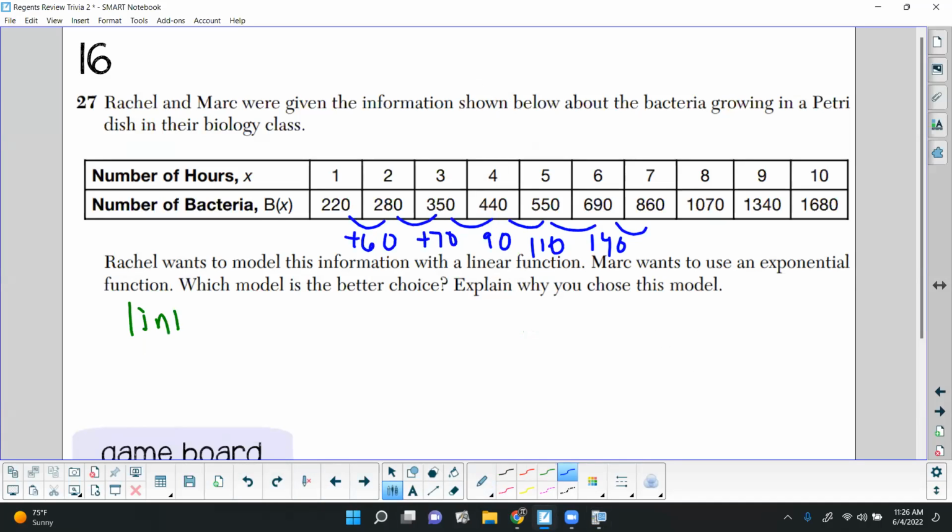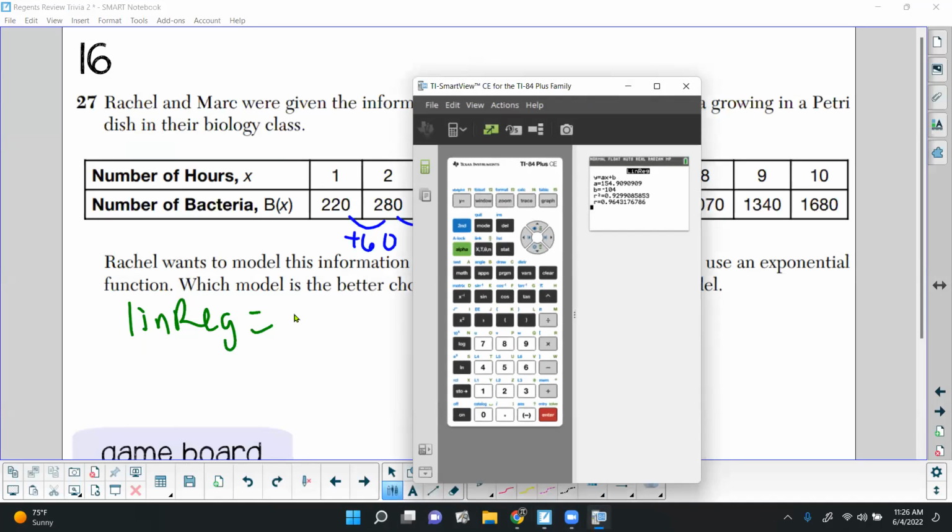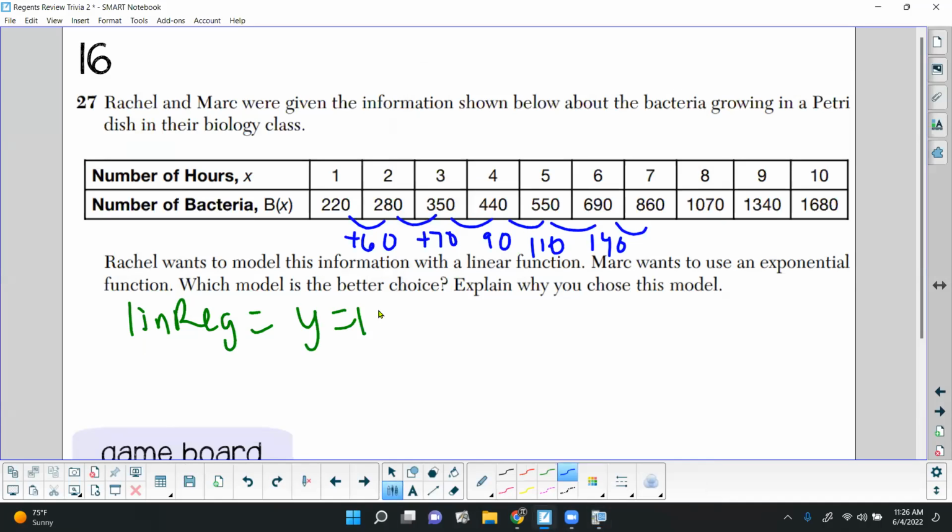My linear regression would be y equals 154.9x minus 104 with a correlation coefficient of 0.964, right? Taking down some information.